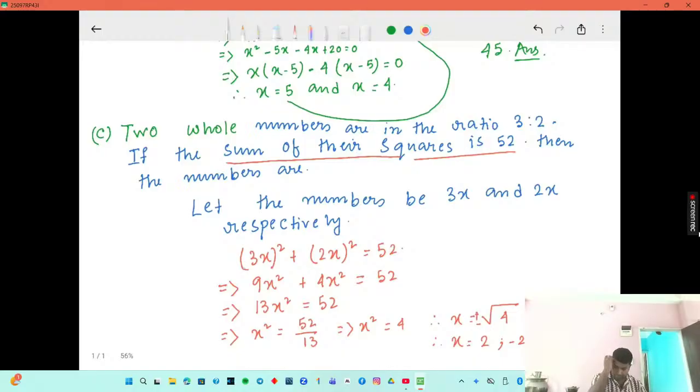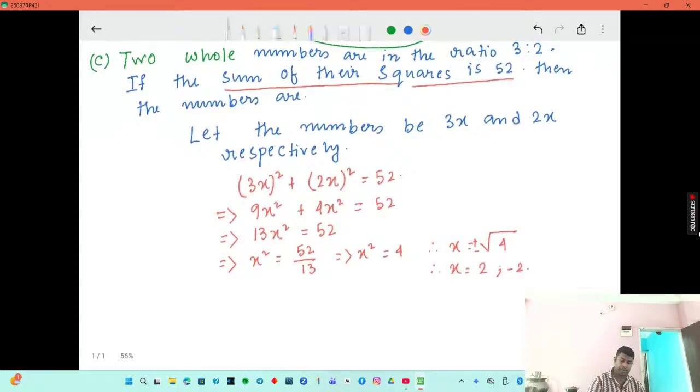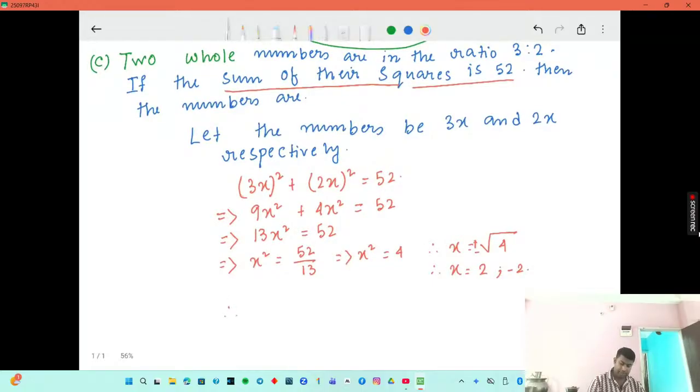So, what is the value of x? The value of x is 2 and minus 2 respectively. Therefore the numbers are 3x and 2x, that is 3 into 2 is equal to 6, and 2 into 2 is equal to 4.